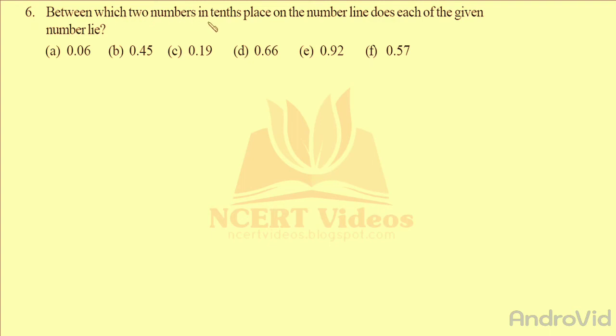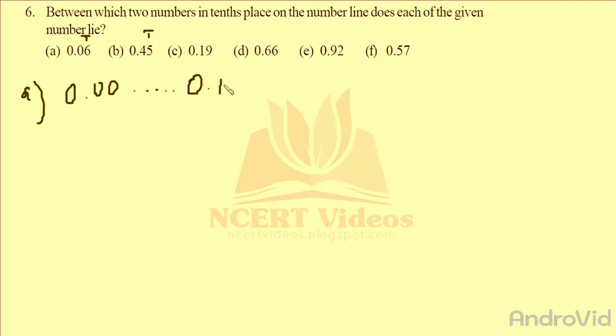Question 6. Between which two numbers in tens place on the number line does each of the given number lie? So this is the tenth place. So we have to depict the range from where the following numbers vary. So 0.00 till 0.10.